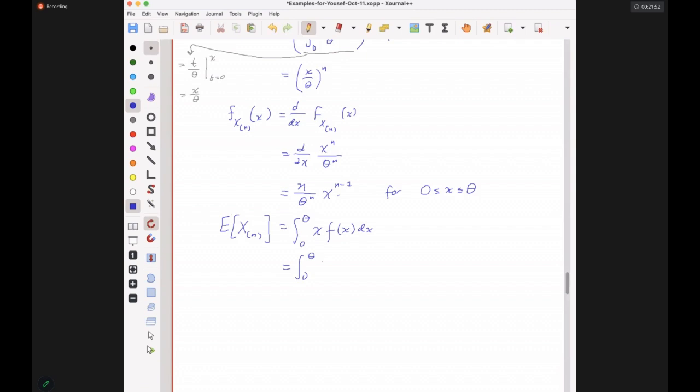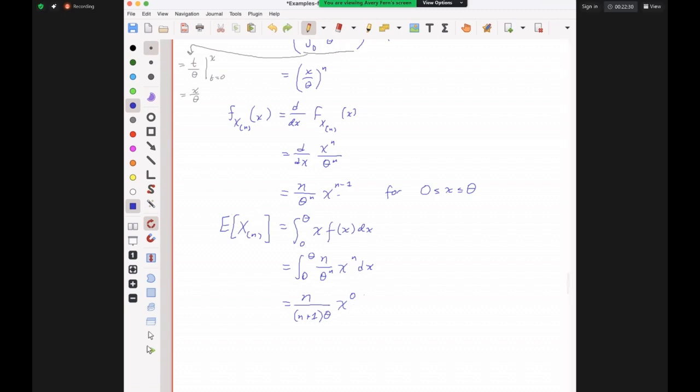And so this is n over theta to the n, x to the n, dx. The integral is going to come out to n over n plus 1 times theta to the n.